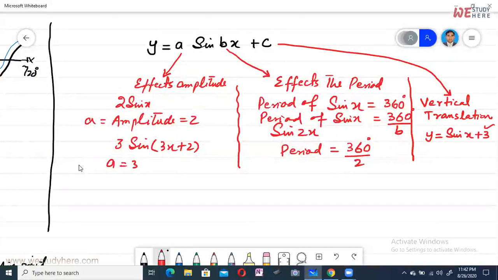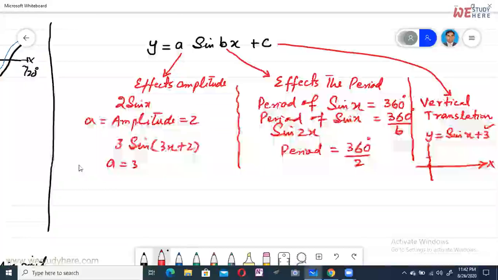C is 3 here. Then usually for sine the principal axis we are taking is the x-axis. Then the principal axis will be at 3. Vertically we will go up 3. This will be the principal axis. Then sine will be like this and the curve will be along this axis. This is the vertical translation.